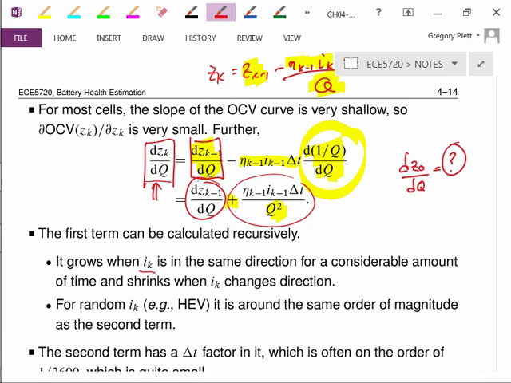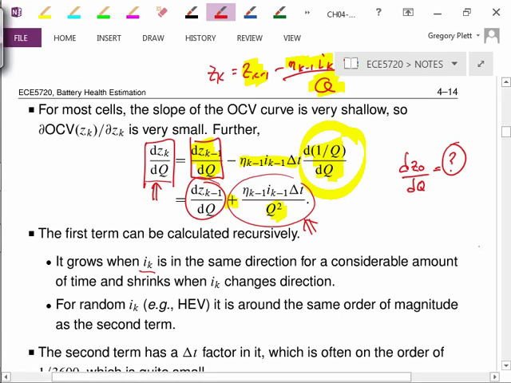But if current is the same, then I'm basically accumulating through this. I'm integrating through this sensitivity. So for random i_k, the term is about the same order of magnitude as the second term, which we could actually compute. But for non-random, then it can grow.